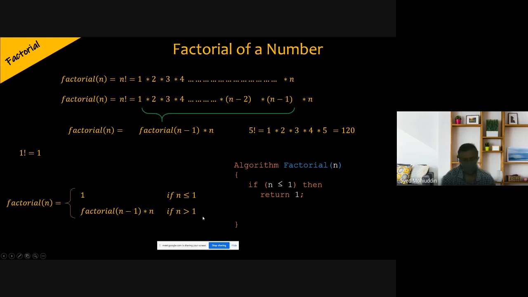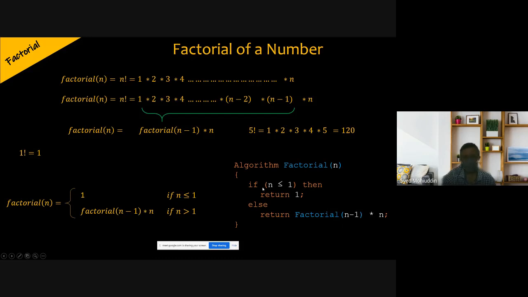Else, if this is false, that means n is greater than 1, so we return factorial of n minus 1 multiplied by n. Recursively we are calling the factorial function. So what is happening here? We have converted this mathematical expression with the condition.